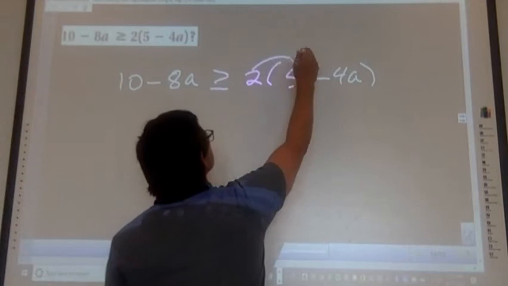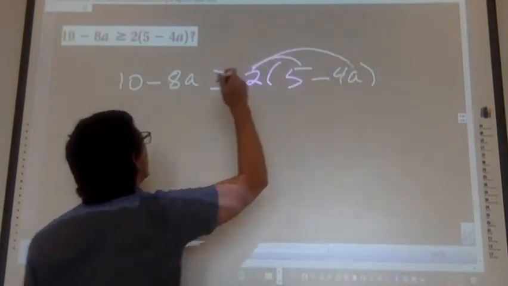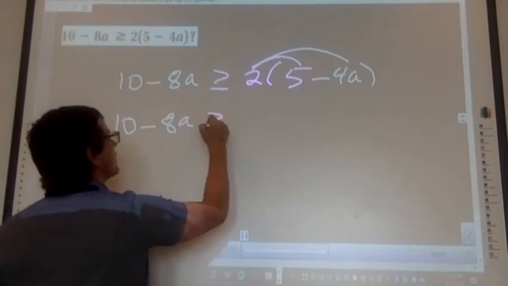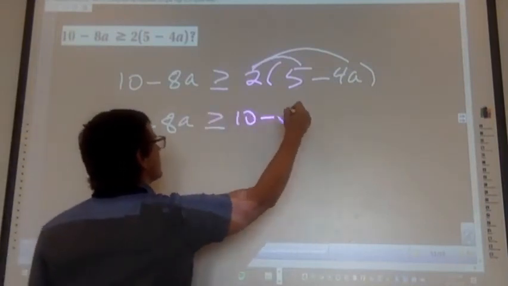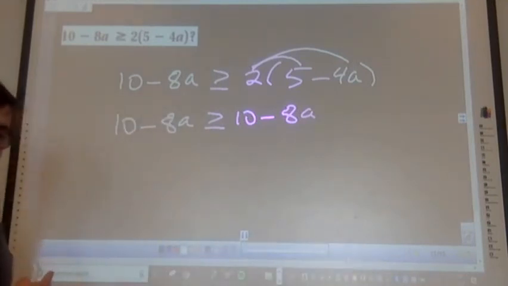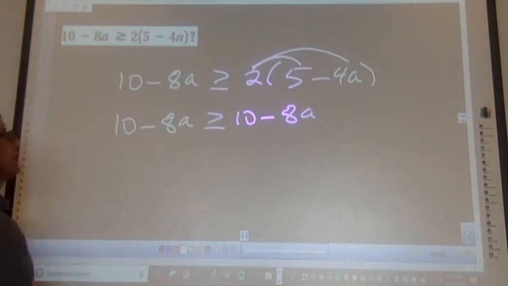Times 2 by 5 and 4a. Excellent. So we get 10 minus 8a greater than or equal to 10 minus 8a. Does anyone know what the answer is right now? You have the exact same thing on both sides. Infinite. Good, Clevis.